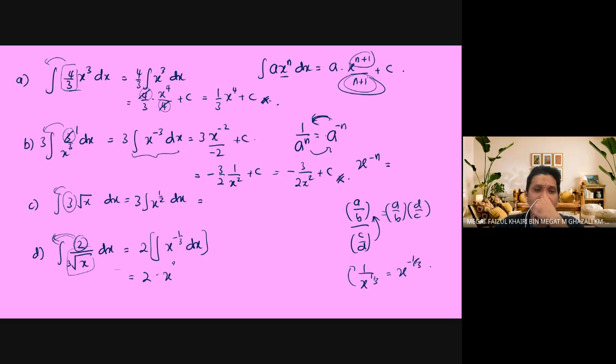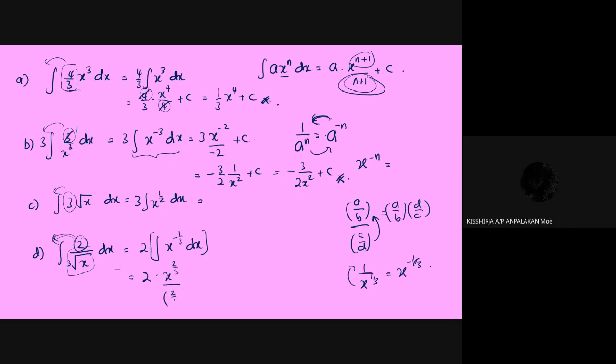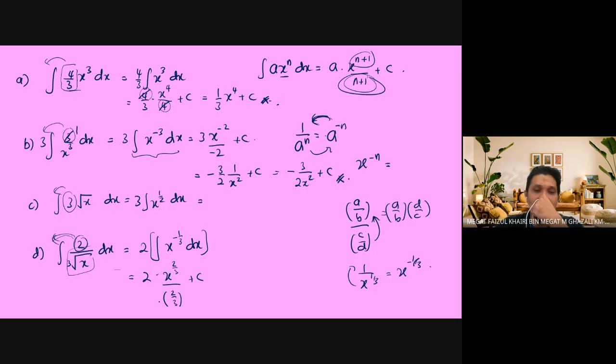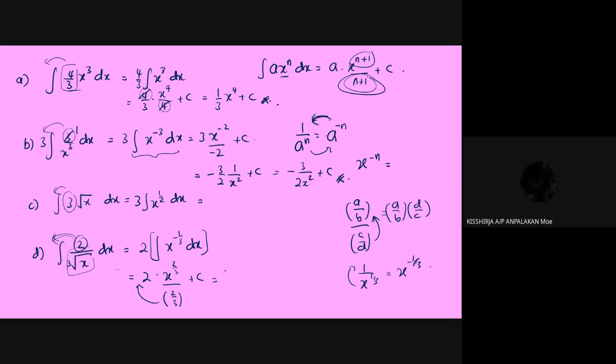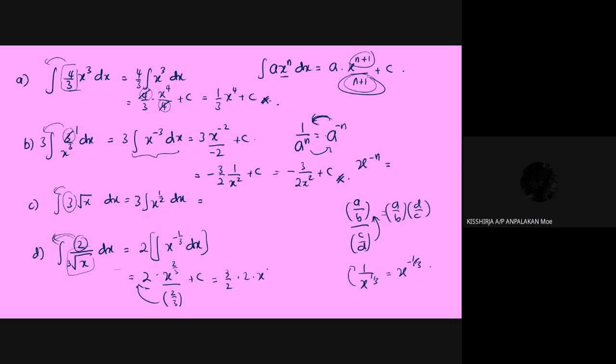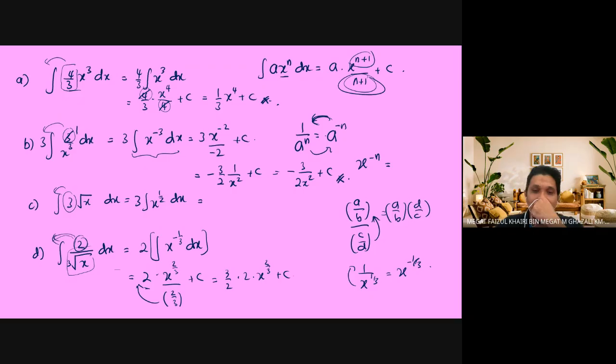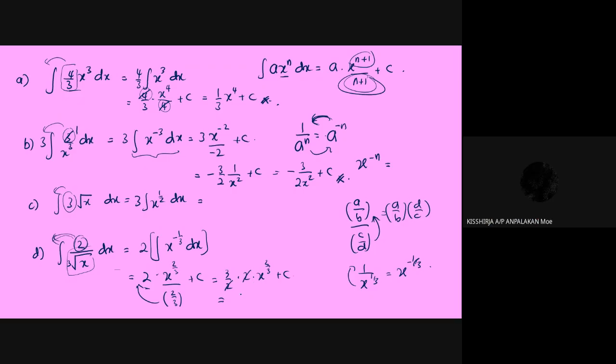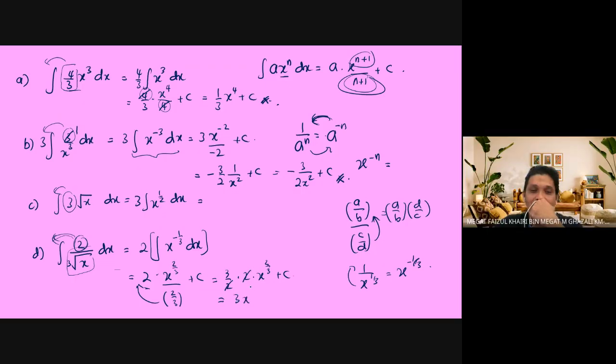So x to the power of 2 over 3, divided by 2 over 3, plus C. Bring this above, switch the position upside down, times 3 over 2, times 2, and then x to the power of 2 over 3 plus C. So 2 divided by 2 equals 1. What's left here now? 3x to the power of 2 over 3 plus C. That's it.